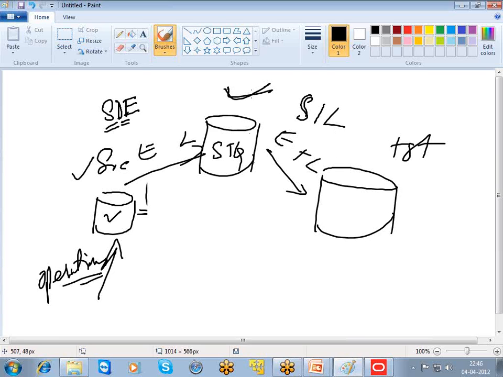Staging is very useful and is practiced in all environments. All the data of a source is copied just as it is and dumped here without any transformation, and then from there they engage it for ETL.